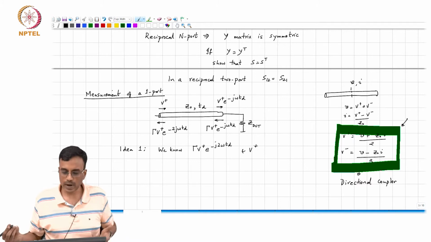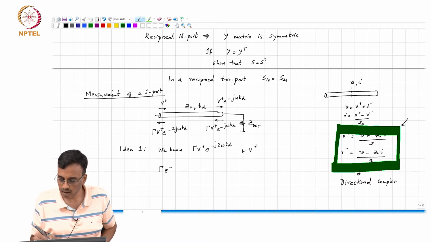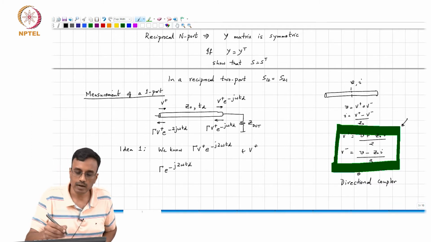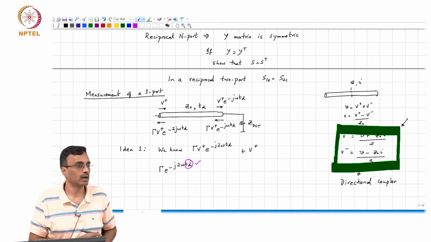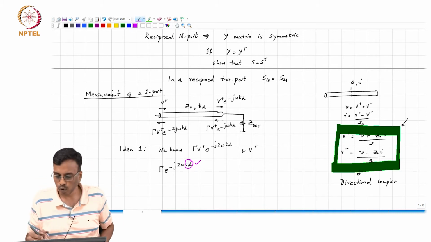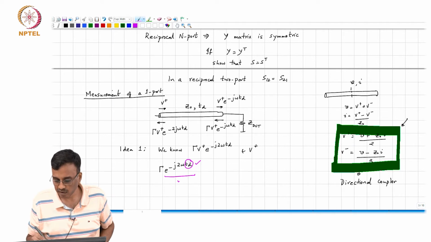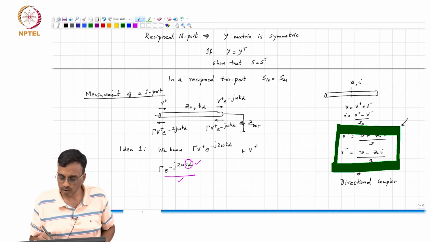Taking the ratio, you get gamma times e to the minus j 2 omega T d. T d is known, and omega is known because you know the frequency at which you want to measure, so this is known.